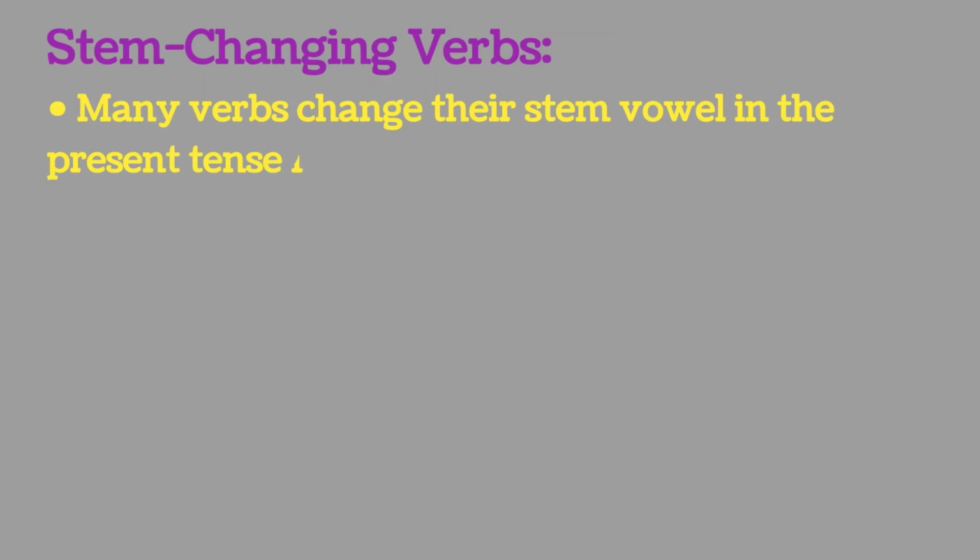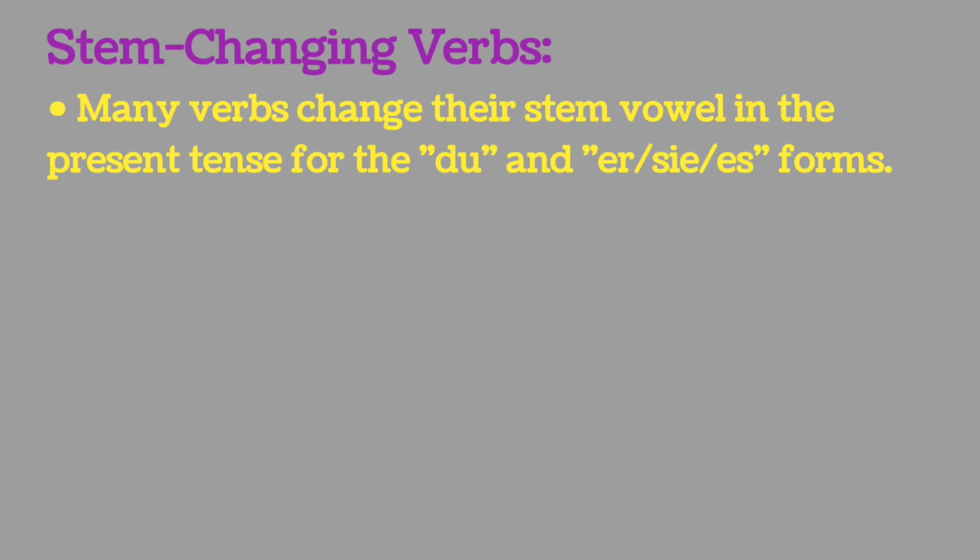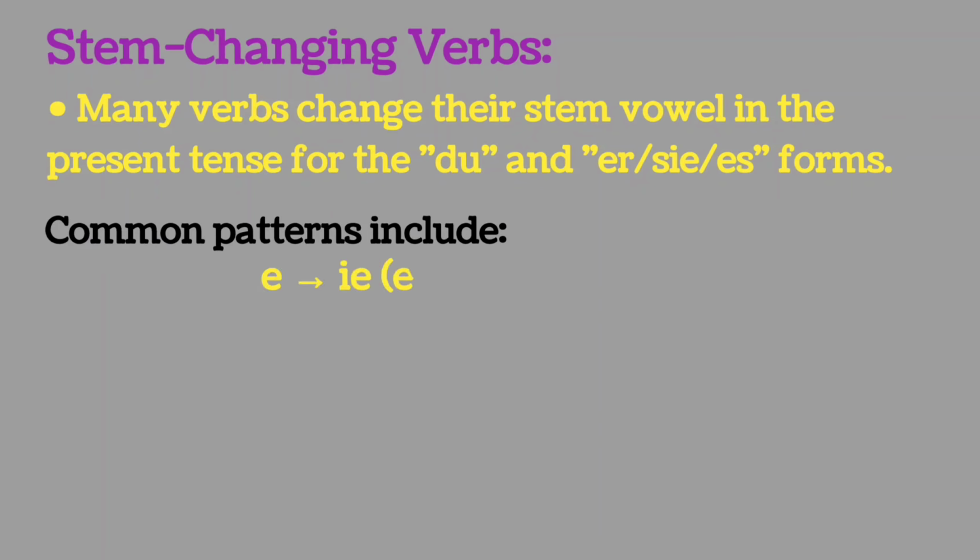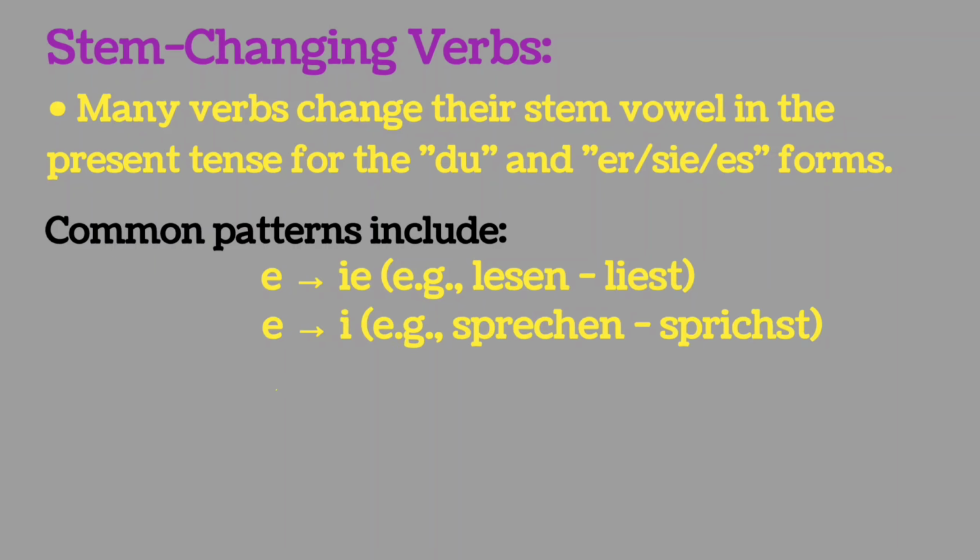Stem changing verbs. Many verbs change their stem vowel in the present tense for the du and er/sie/es forms. Common patterns include e changes to ie, e changes to i, a changes to ä.